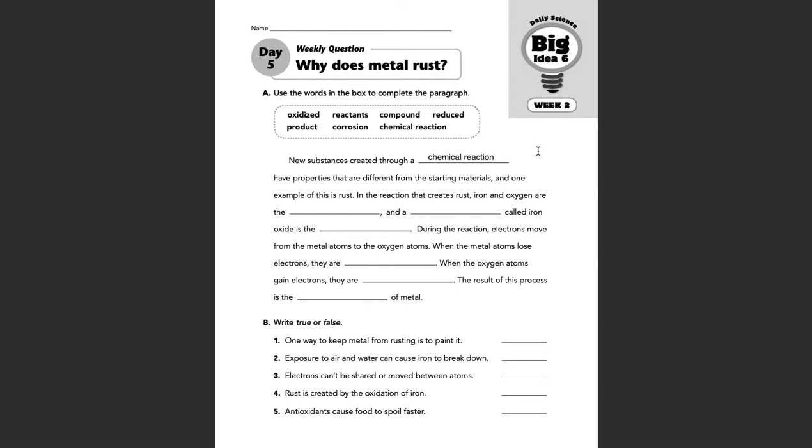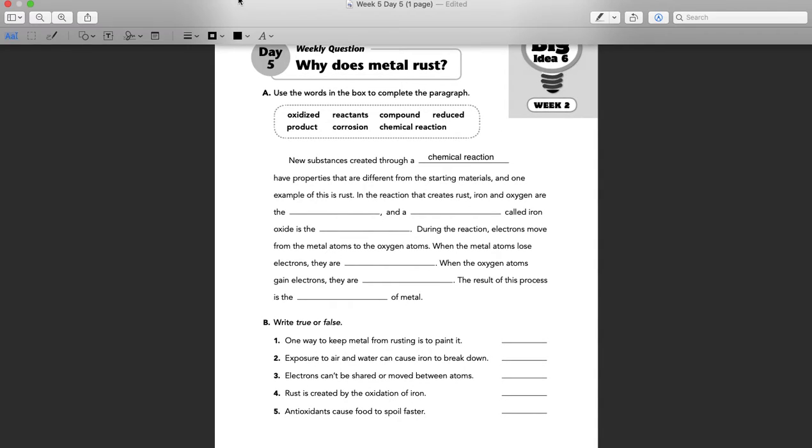And one example of this is rust, and the reaction that creates rust, iron and oxygen are the blank, and a blank called iron oxide is the blank. So this was that second or third day, so iron and oxygen would be the reactants.